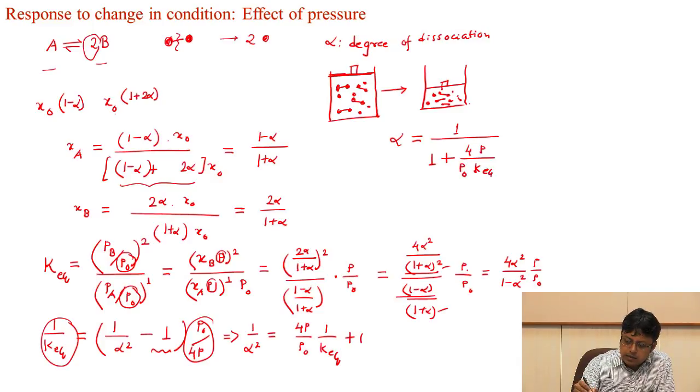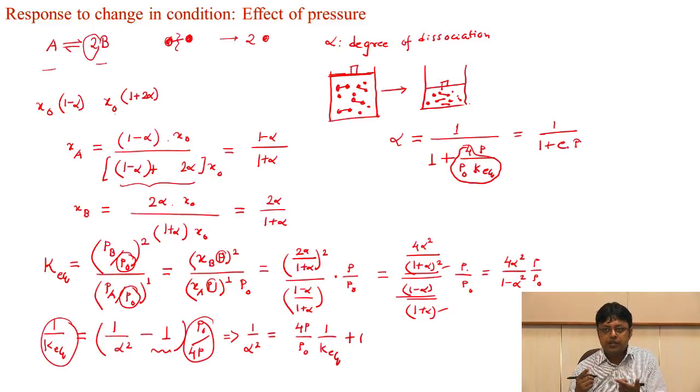Now you can see that all these factors are basically constant, and now alpha actually you can write as something like 1 over 1 plus some constant into P. So what this is showing is that if I increase the pressure, alpha will decrease.